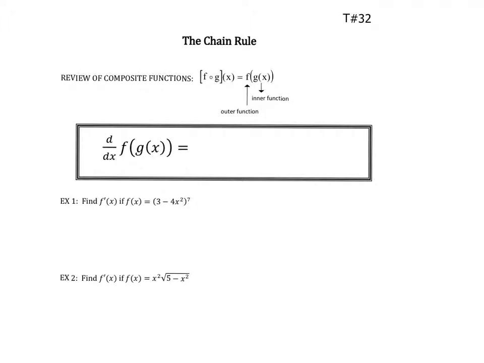When we had the outer function and the inner function, we took the derivative of the outer function and evaluated at the inner, but we didn't stop there. We said times the inner derivative, or g prime of x. That's the actual formula for the chain rule.